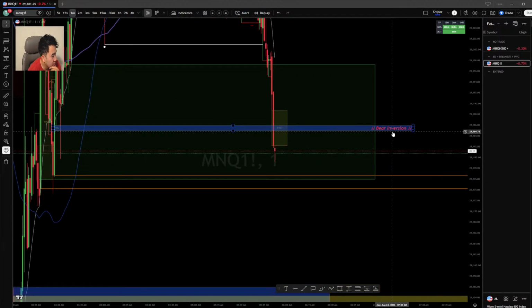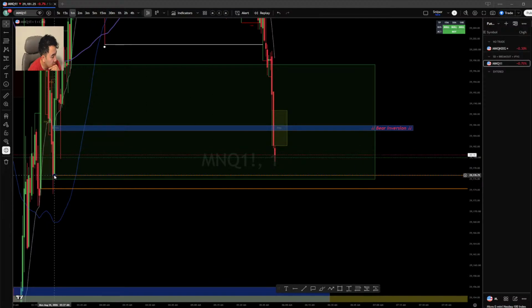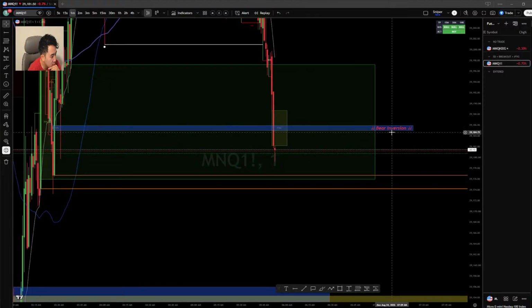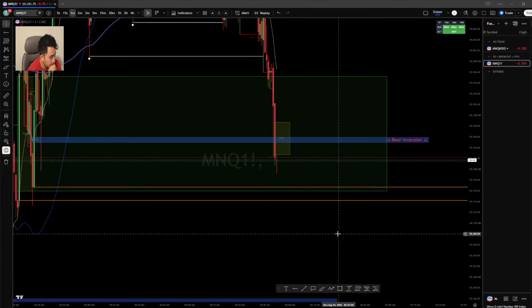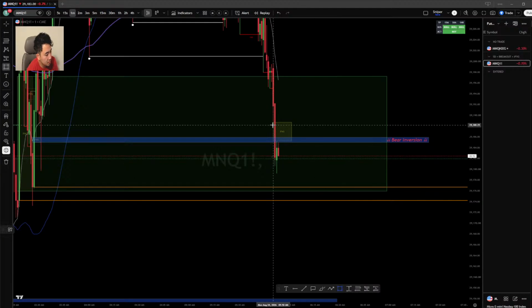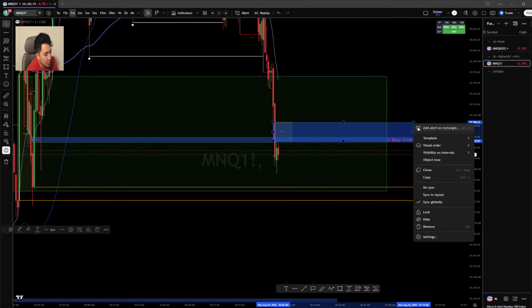This is a bearish inversion. Still want price to close below this orange line, because this is the big green candle that created this bullish inversion, this bullish FVG initially. There's a bearish gap here.